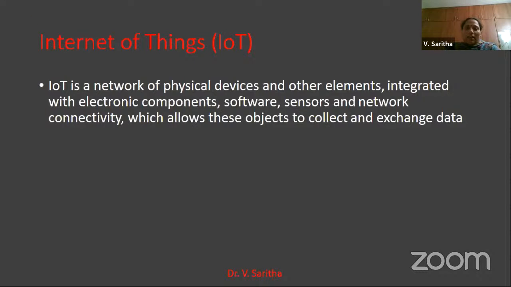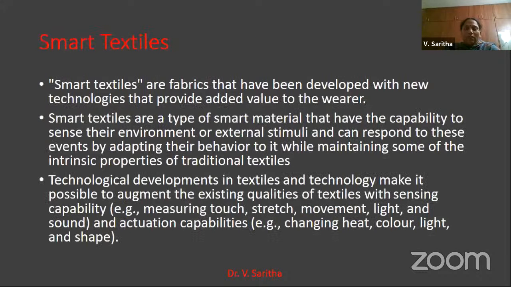The basic idea of IoT is that things are being connected using the internet to communicate among themselves and also with the human. Today's topic is smart textiles, so I'm not going into detail of IoT. We'll deal with IoT related to smart textiles.